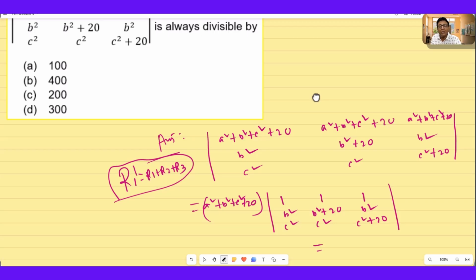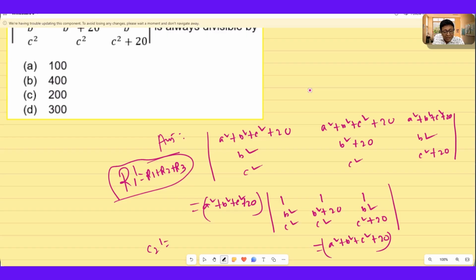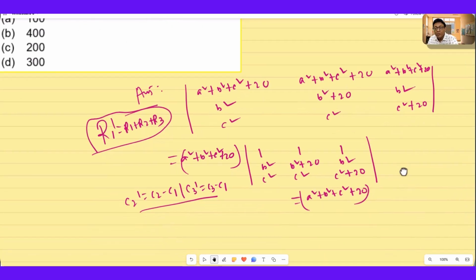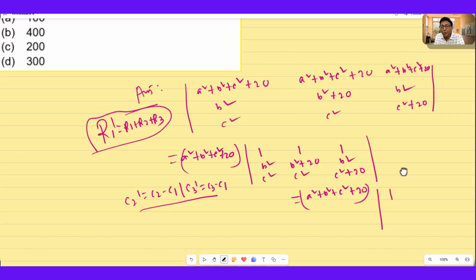Now you subtract this from this and this. What from what and what? C2 dash C2 minus C1. Do this. So you will be getting 1, b square, c square, 0, 0, 20, 0, 0, 20.